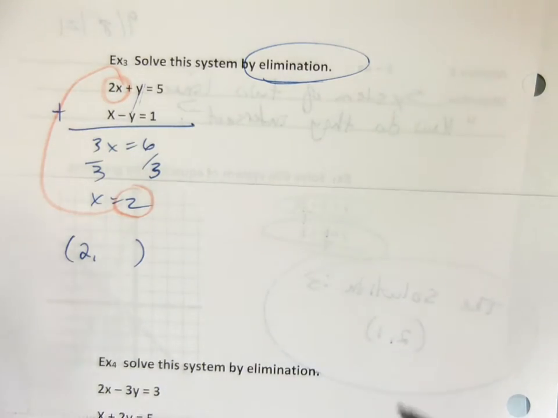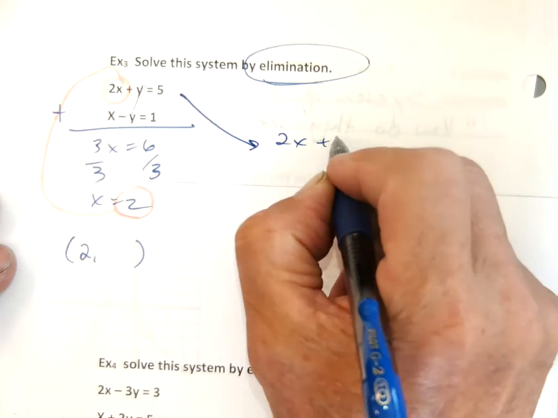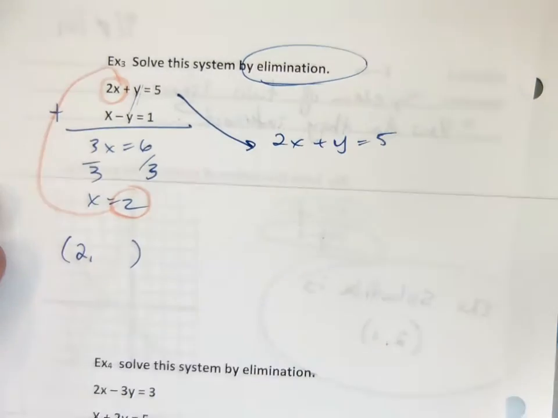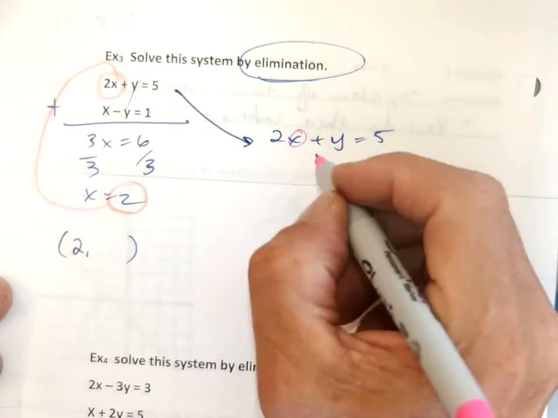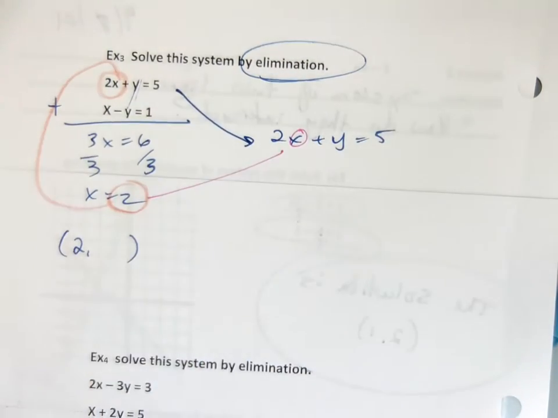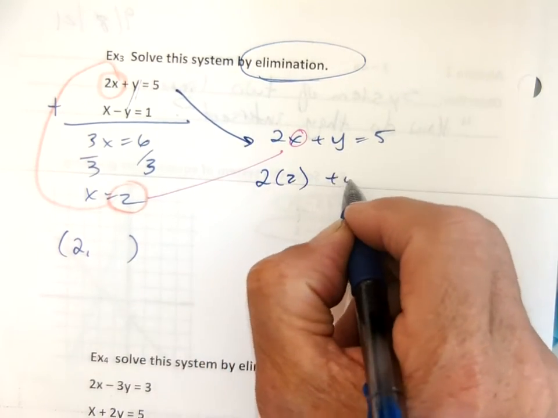So instead of writing 2x plus y equals 5, I'm going to put 2 in for x. Instead of writing x, I'll write the value of x, which is 2, plus y equals 5.